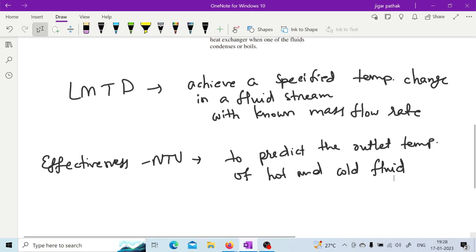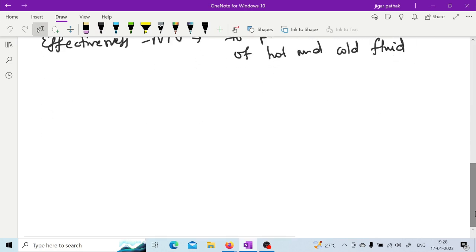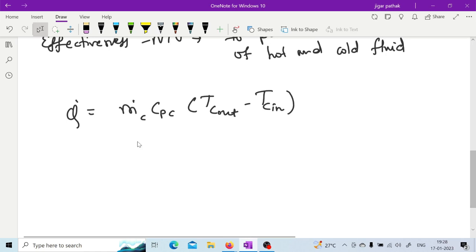So if we consider the heat transfer in this heat exchanger, then the heat added to the cold fluid will be given by m c Cp delta T. This will be the heat transfer to the fluid.